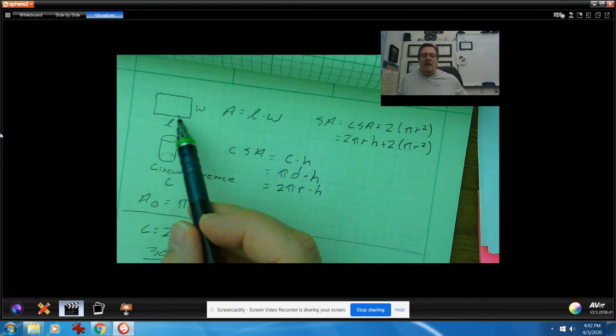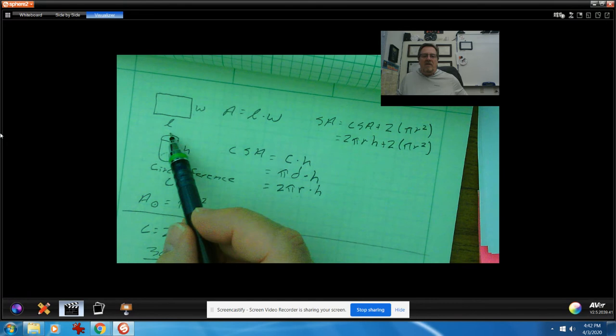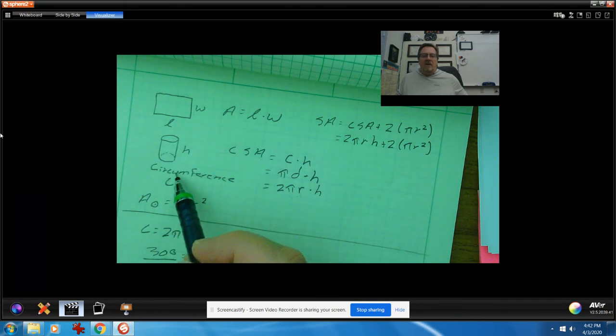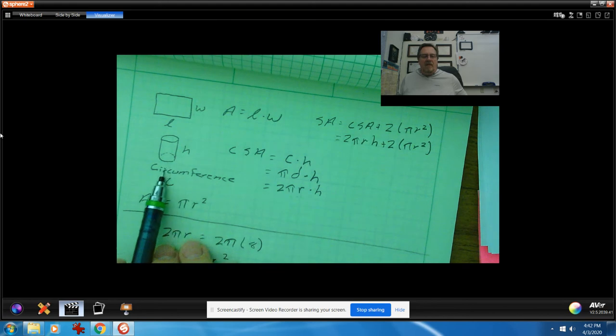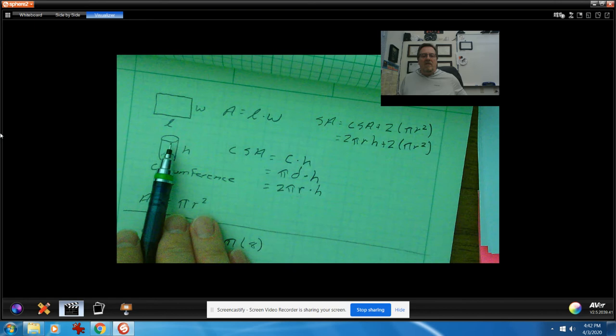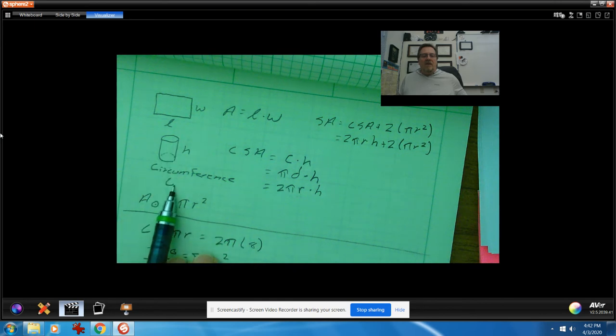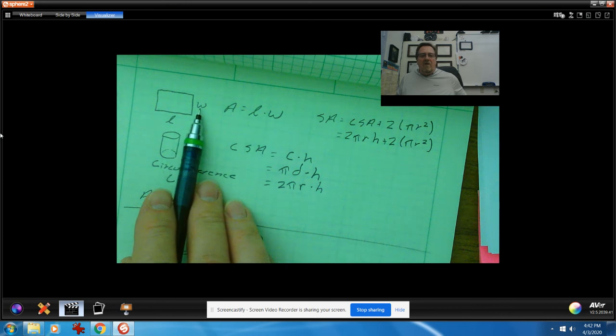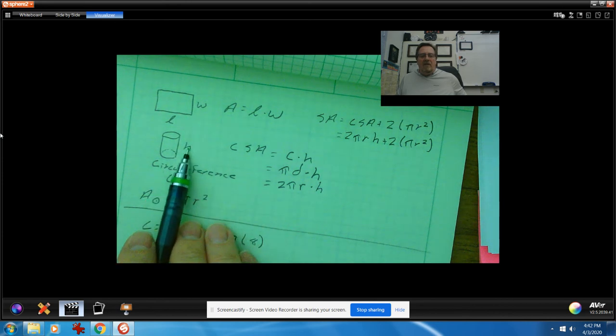Where the length is now the distance around the cylinder, which we call the circumference. The circumference is how far it is to go around that circle on the base or the top. We'll call that C for circumference. And the width of my rectangle then would become the height of my cylinder.